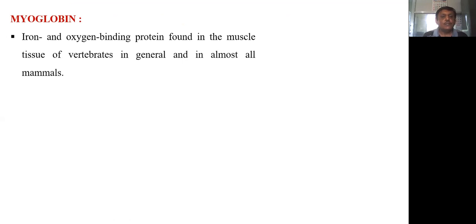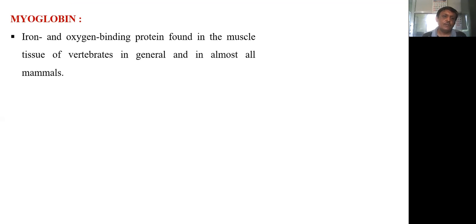Now, similar to hemoglobin, there is another molecule which is myoglobin, which can also be a respiratory pigment because it can also combine with oxygen, and it can hold the oxygen in the muscles. So the hemoglobin which is present in the muscle may be referred to as myoglobin. It is also a compound having iron, and it can bind with oxygen.